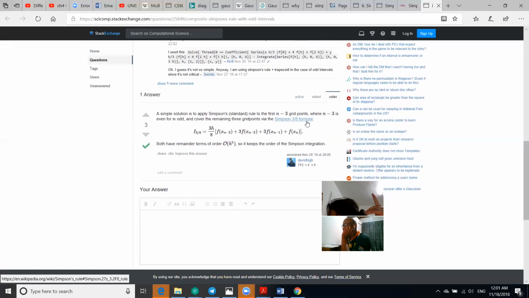Right here, a simple solution is to apply Simpson's standard rule to the first n minus 3 grid points, where n minus 3 is even for n odd, and cover the remaining 3 grid points via... I don't understand.